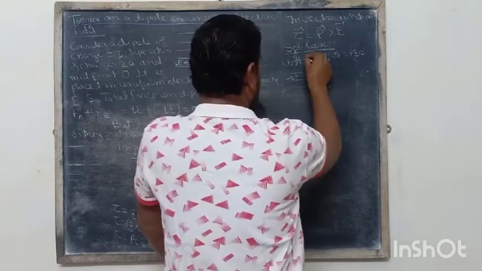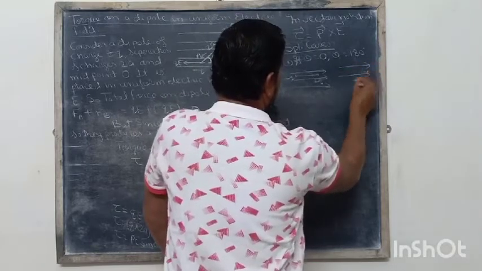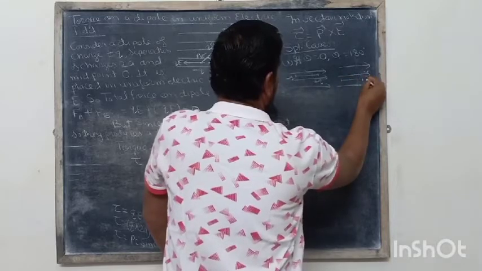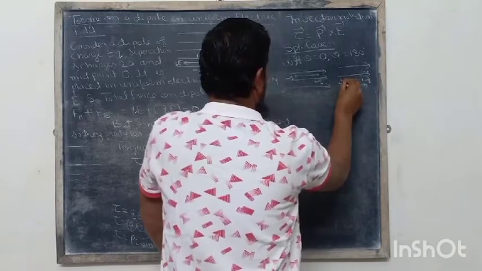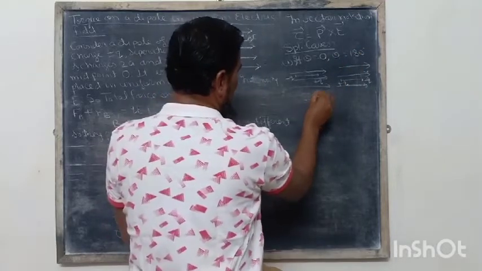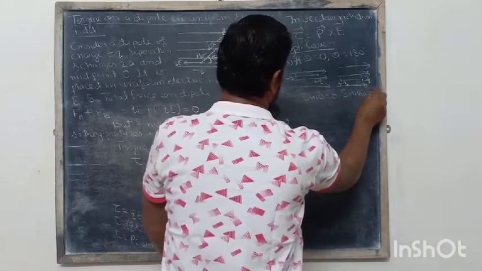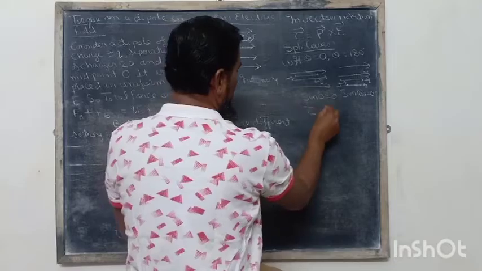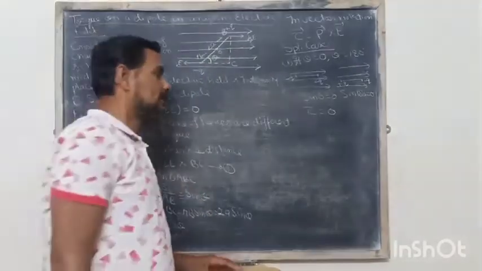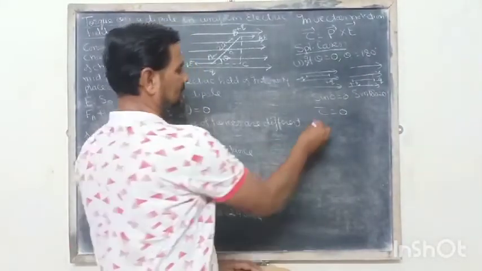This is parallel, meaning theta is equal to 0. For anti-parallel, these are the electric lines of force, and the dipole will be along this, minus q and plus q, for theta is equal to 180. And we know that sin 0 is equal to 0, and sin 180 or sin pi is also 0, so the torque will be 0. If the dipole is parallel or anti-parallel, it will not experience any torque in the electric field.